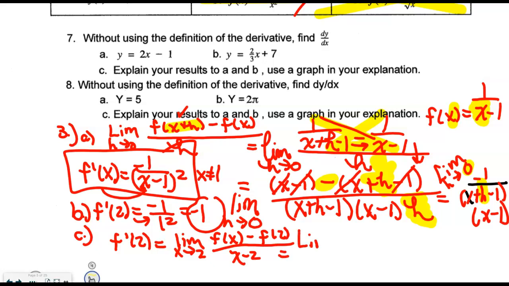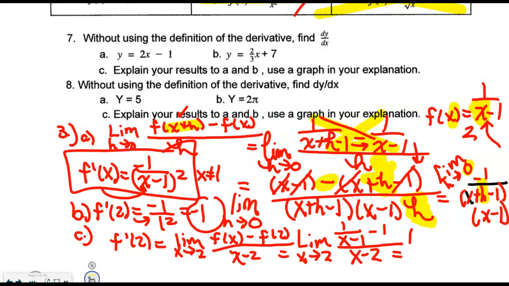I better get the same thing, right? f of x was 1 over x minus 1. f of 2, go up here and put a 2 in, would be a 1 all over x minus 2. So it looks like I have to crisscross on the top.